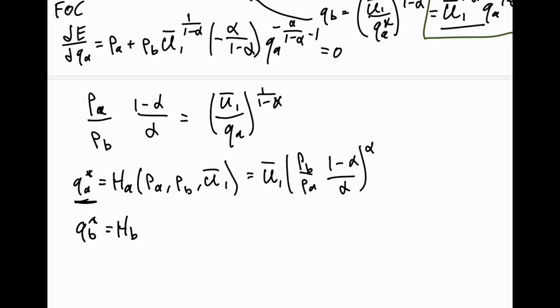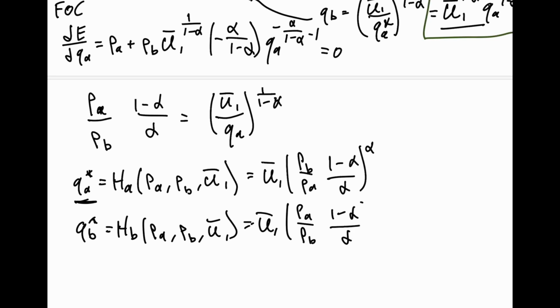And we'll just write this out in Hicksian notation. This gives us U bar 1, PA, PB, one minus alpha over alpha raised to the power of alpha.